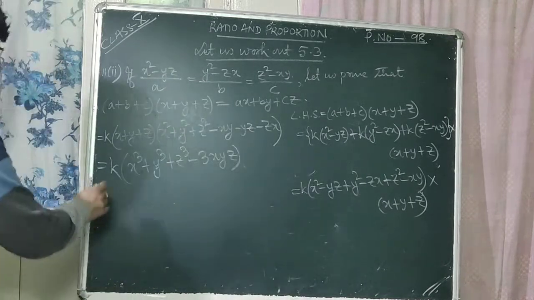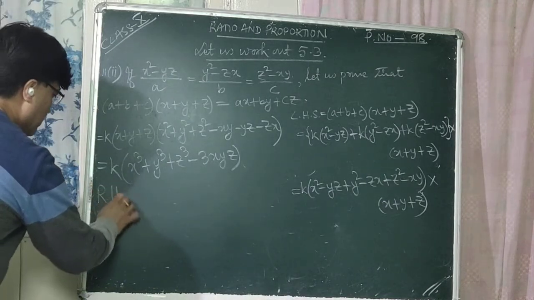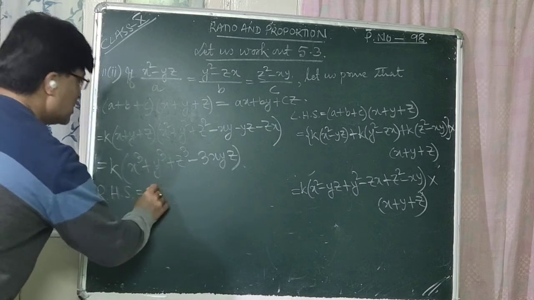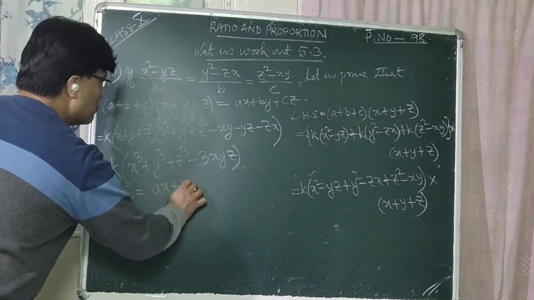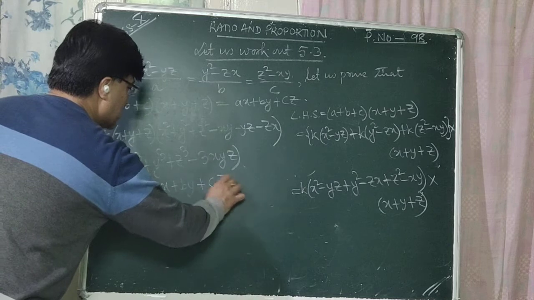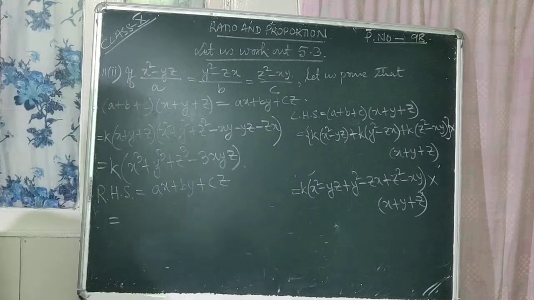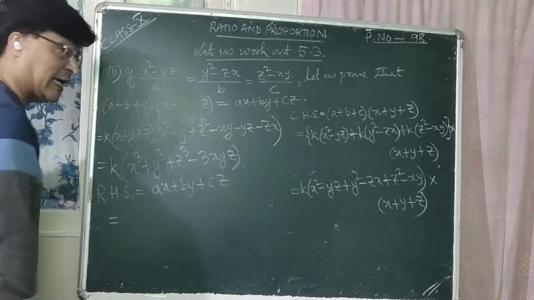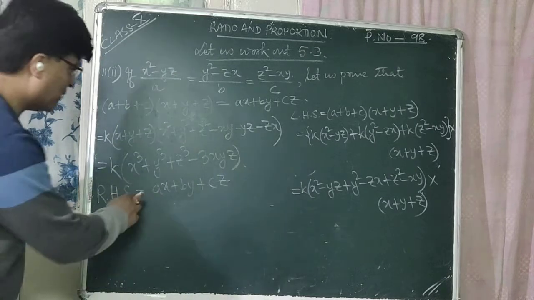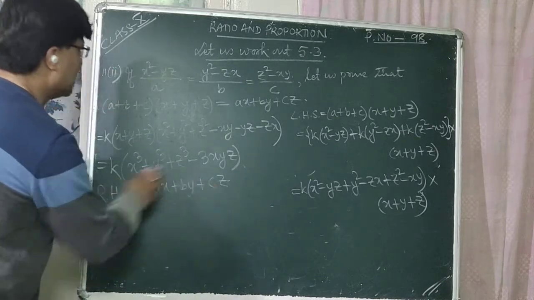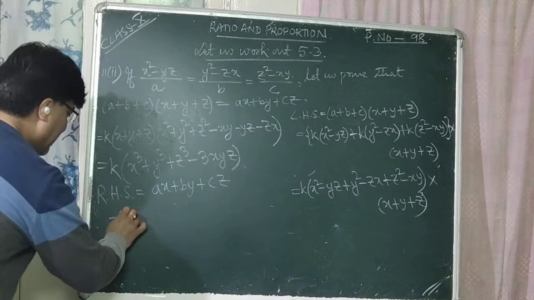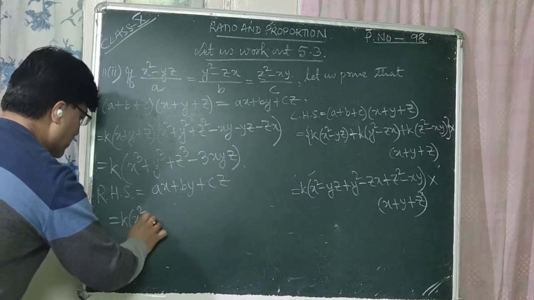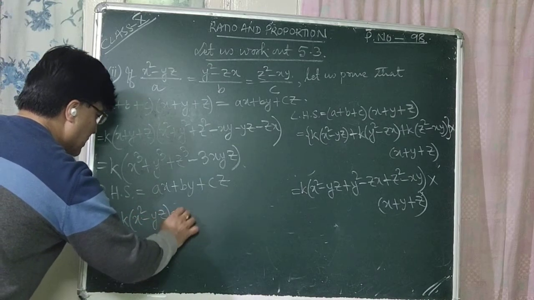So now, the right hand side. What is RHS here now? It is Ax + By + Cz. In the previous steps we know the values for A, B and C, isn't it? What was the value for A? k into (x² − yz) into x.